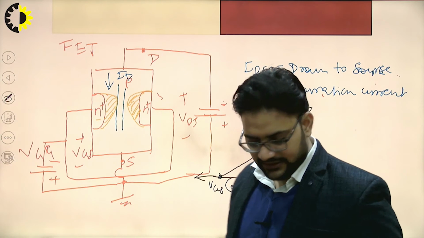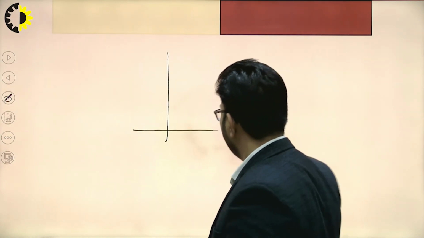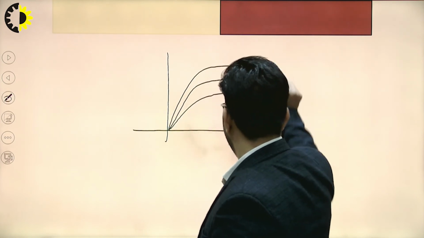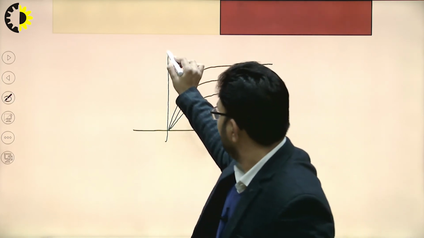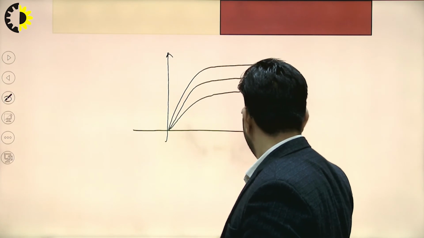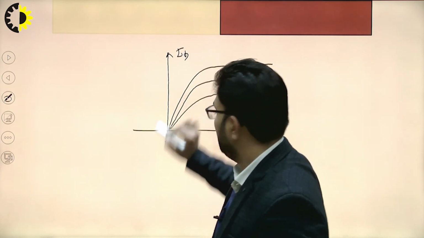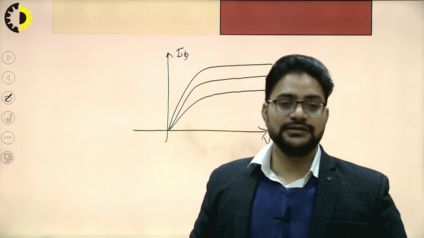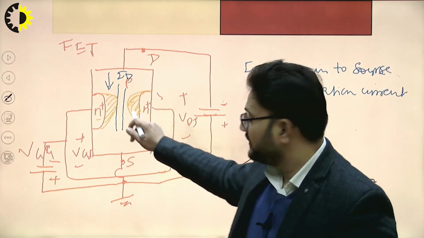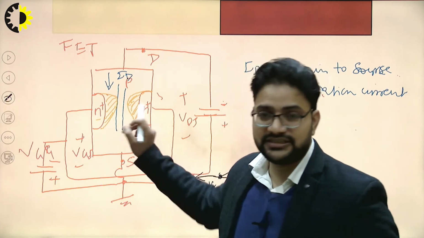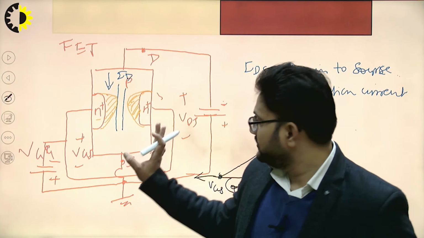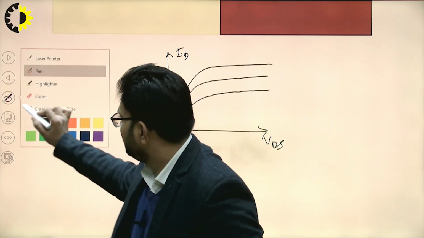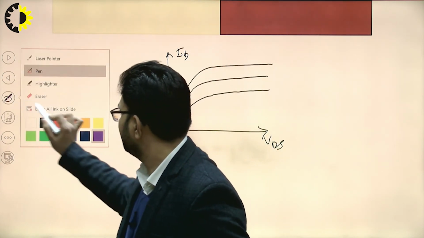For a small value of VDS, ID will increase linearly. If we further increase the VDS value, then an electric field will be produced in the channel. It will cause the drain current to be saturated. So this is the drain characteristics for the FET.